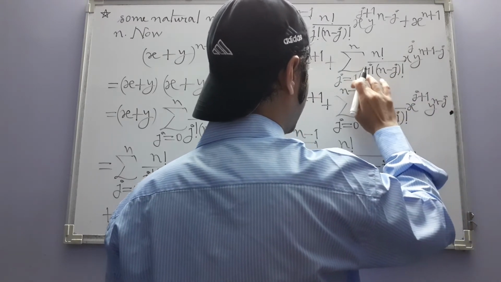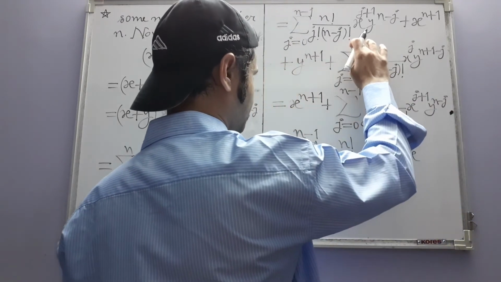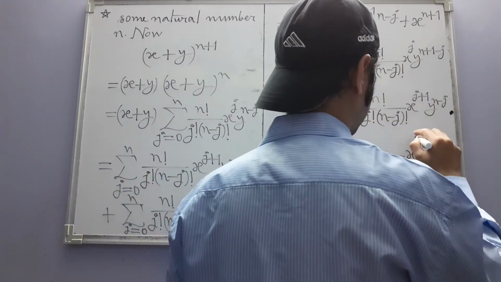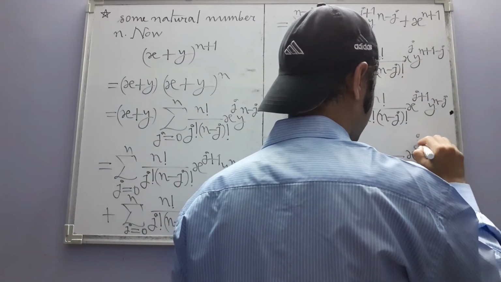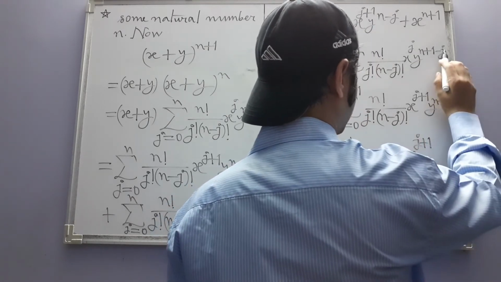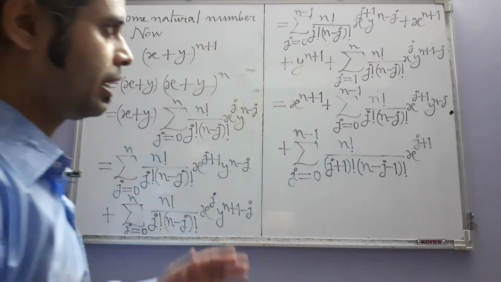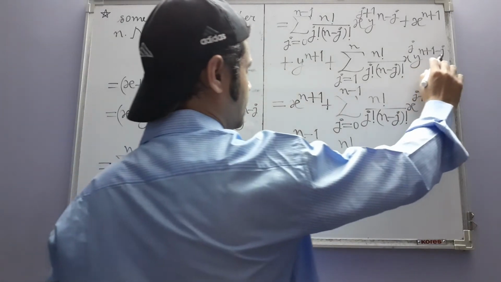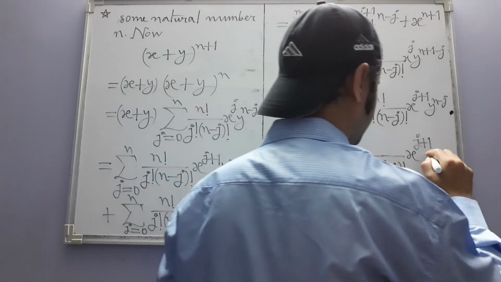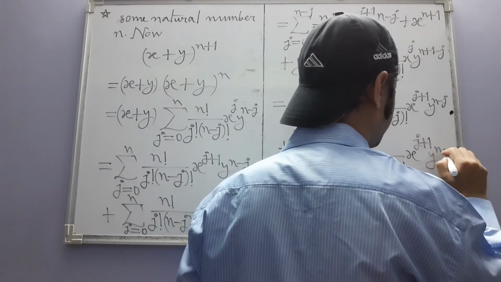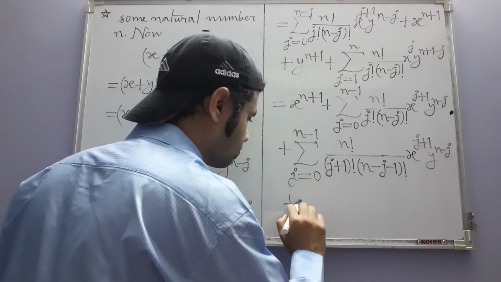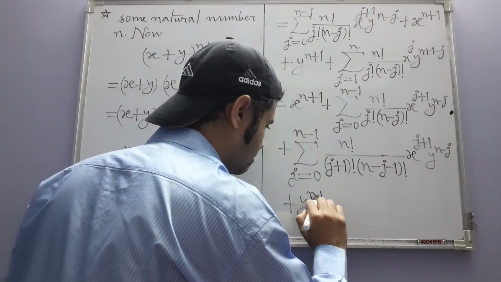So that means we have 0 here, we have n minus 1 here. Now I will write j plus 1, because I have to add plus 1. Now here if I write j plus 1 in place of j, 1 and minus 1 will cancel out and I will have y to the power n minus j, plus finally y to the power n plus 1.